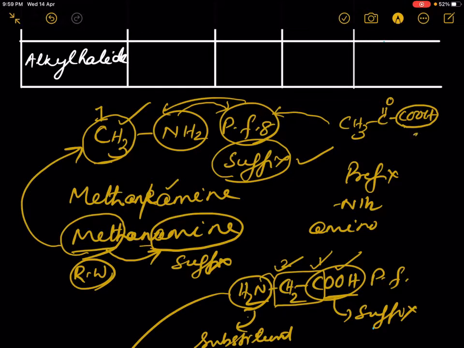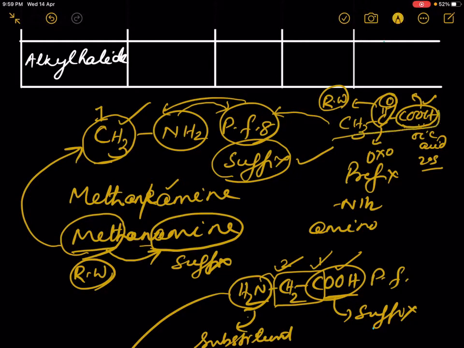So oic acid is written as secondary suffix. And for this ketone, we cannot write secondary suffix because this is a functional group with higher priority and this ketone has lower priority. So this should be written before root word as prefix. When CO is written as prefix, it is oxo. So the name would be 2-oxopropanoic acid.